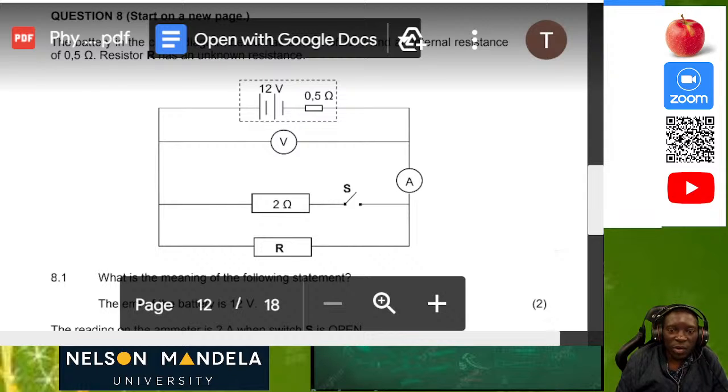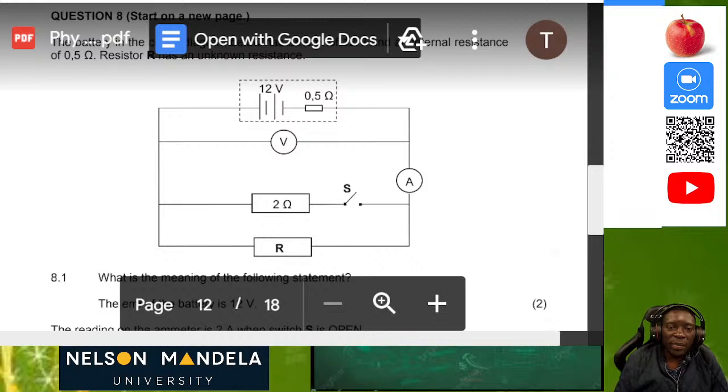So this current will be the sum of the current that will flow through the two branches of the parallel resistors.